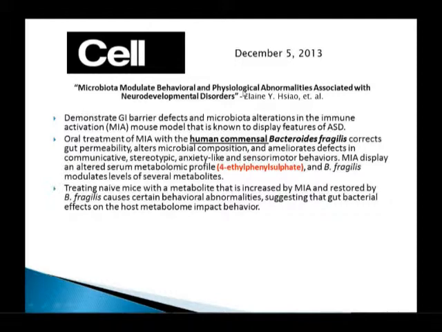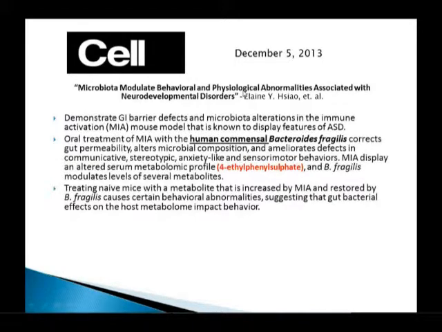They gave these mice a commensal bacteria, Bacteroides fragilis, which has been known to help correct gut permeability and improve the microbial composition in the GI tract.